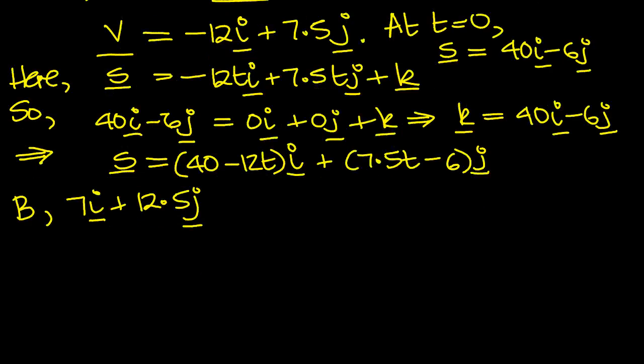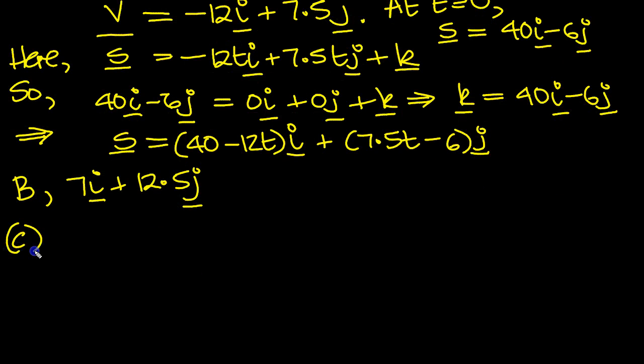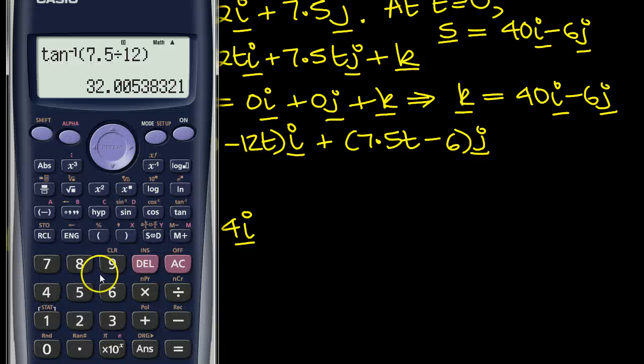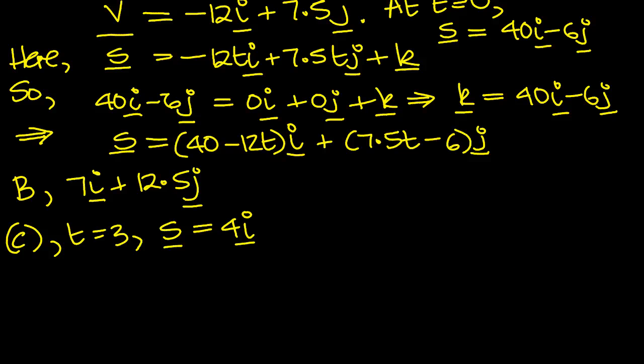Part C, find the distance when t equals 3. So s when t equals 3, put it in here: 40 minus 12 times 3, 3 twelves are 36, 40 minus 36 is 4. For 7.5, put t is 3 in: 7.5 times 3 minus the 6 is equal to 16.5.